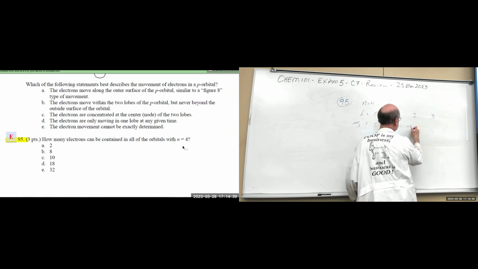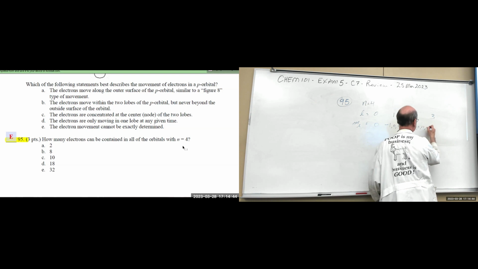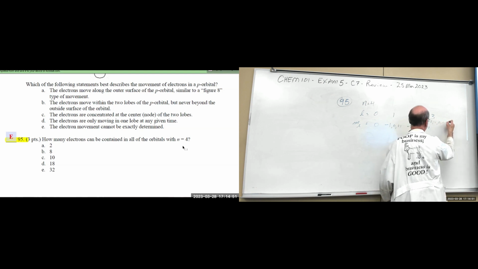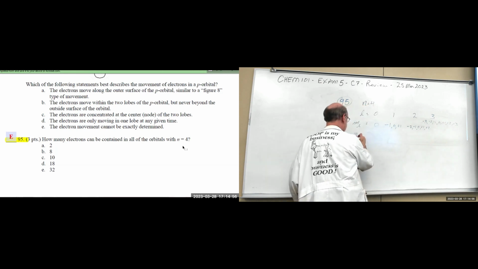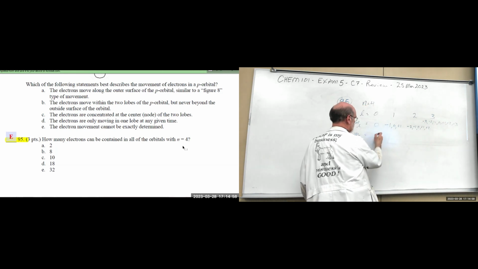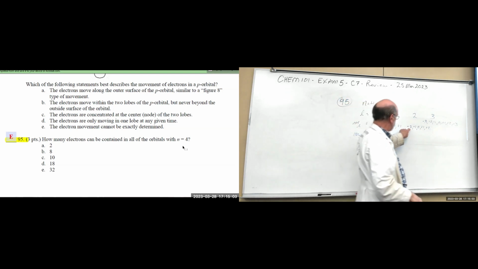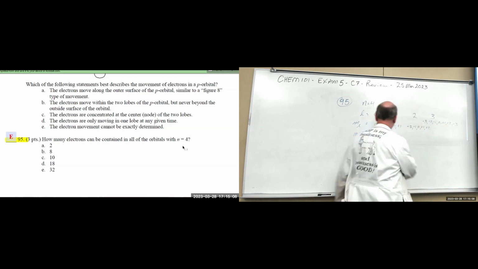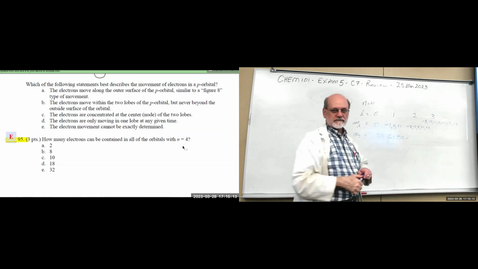This one is -2, -1, 0, +1, and +2. And 3 would be -3, -2, -1, 0, +1, +2, and +3. And then m sub s is just 2 times each one of those. Right? We have 1, 2, 3, 4, 5, 6, 7, 8, 9, 10, 11, 12, 13, 14, 15, 16. 32 electrons.